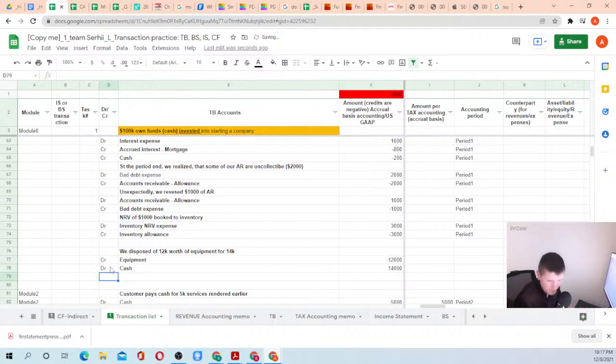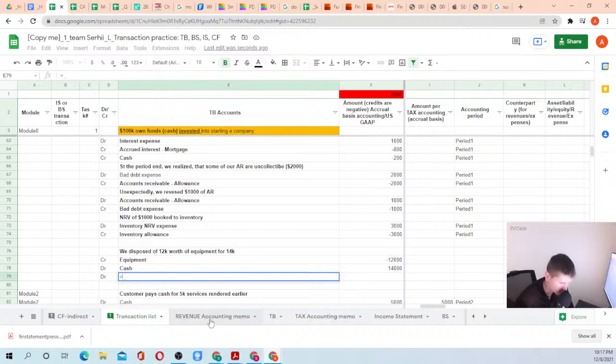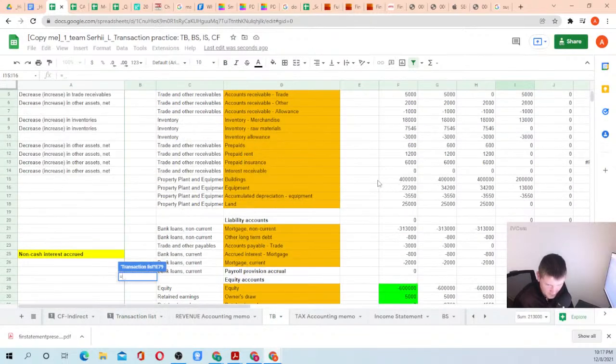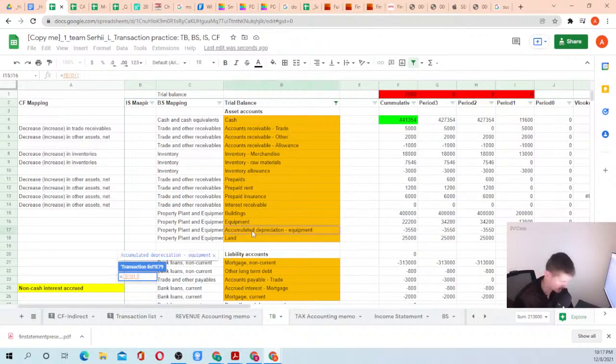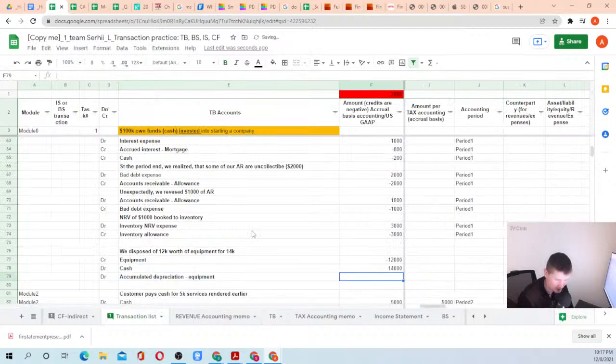And we calculated depreciation for that equipment. So we need to actually remove accumulated depreciation related to that equipment from our trial balance. Let's see what account we had here. Accumulated depreciation, equipment. And the calculation was that amount divided by 5 divided by 12.